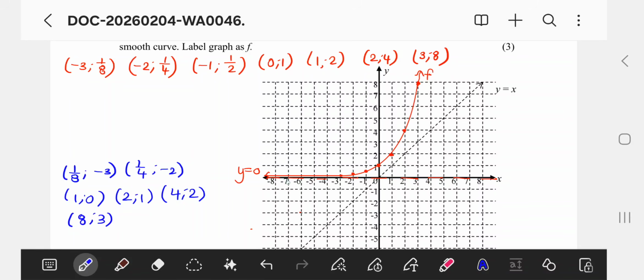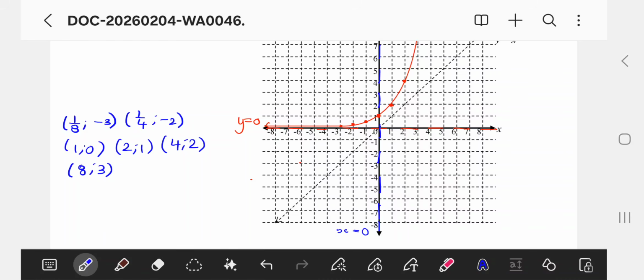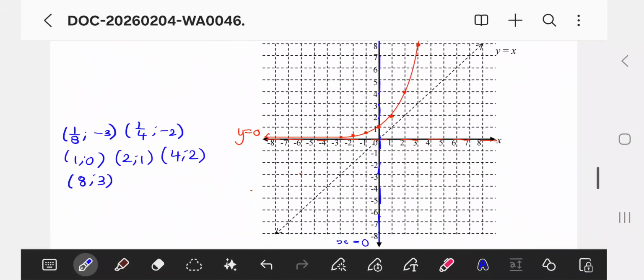For the inverse, now the entire y-axis would be the asymptote. So notice how x and y are getting swapped around. So I'm going to go ahead and draw a dashed line through the y-axis, and its label will be x is equal to 0. So here it is, x is equal to 0, that's my asymptote.